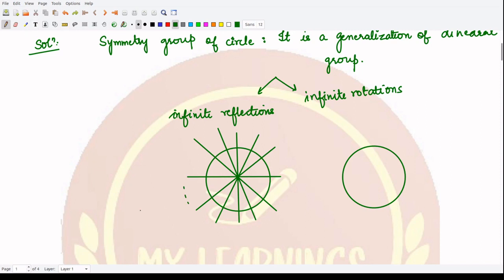In a similar manner, if this is the center of the circle and this is the initial point P, you can rotate the circle by 0 degree, by 0.5 degree, 1 degree, 2 degree, 3 degree and so on. Whenever you move it, you have the same orientation, hence each rotation gives you a symmetry element, hence it has infinite rotations within it.